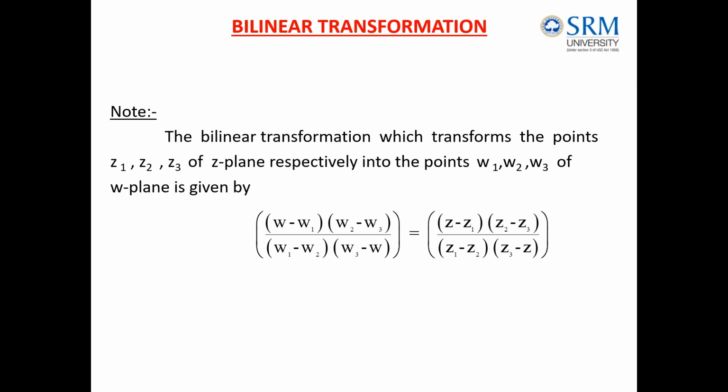Whatever you have written in terms of W on the left hand side, similarly we write in terms of Z on the right hand side: (Z minus Z1) into (Z2 minus Z3) divided by (Z1 minus Z2) into (Z3 minus Z). For doing examples with 3 points, this note will be useful.